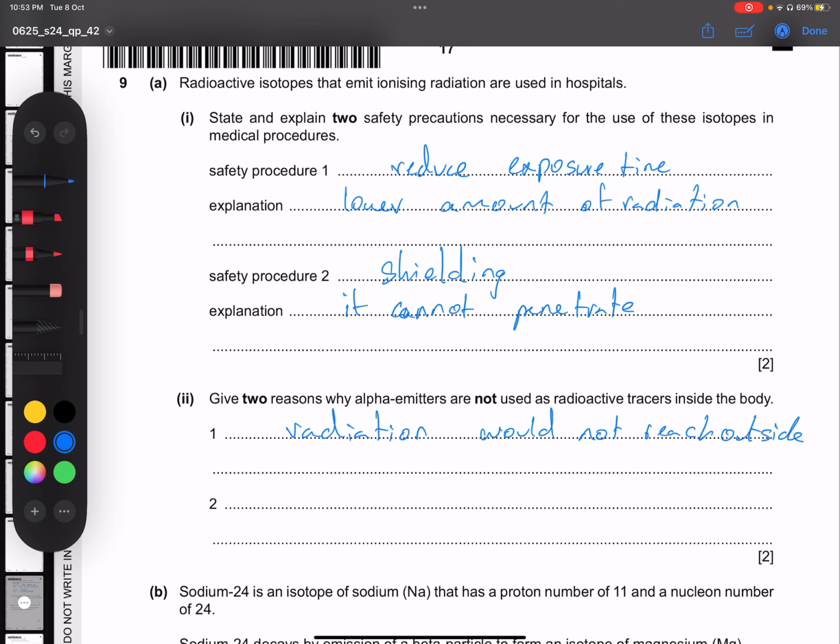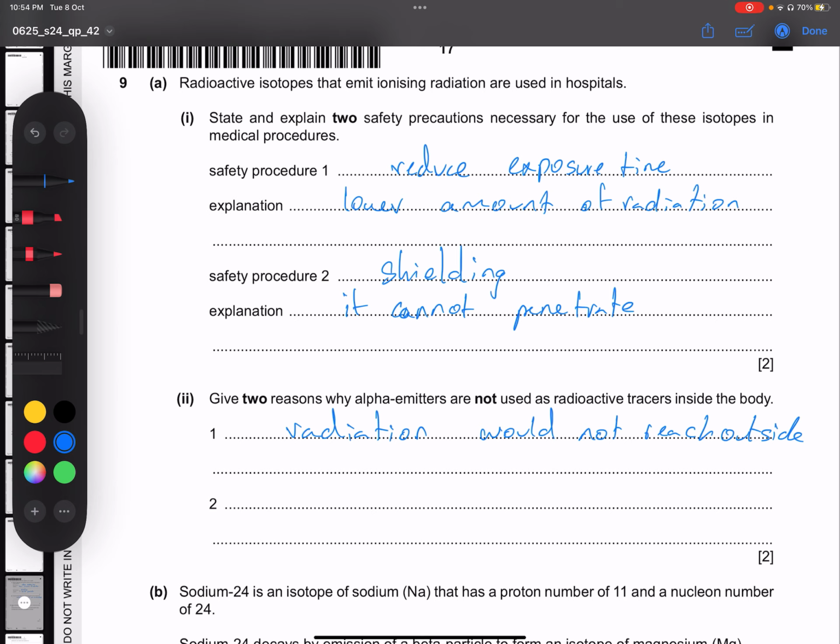Secondly, the actual radiation would be much more dangerous for us. Since alpha emitters are slower and more massive, they would have a much more drastic effect on our body. They would have a much more ionizing effect, since they react with the surrounding atoms and molecules much more frequently.